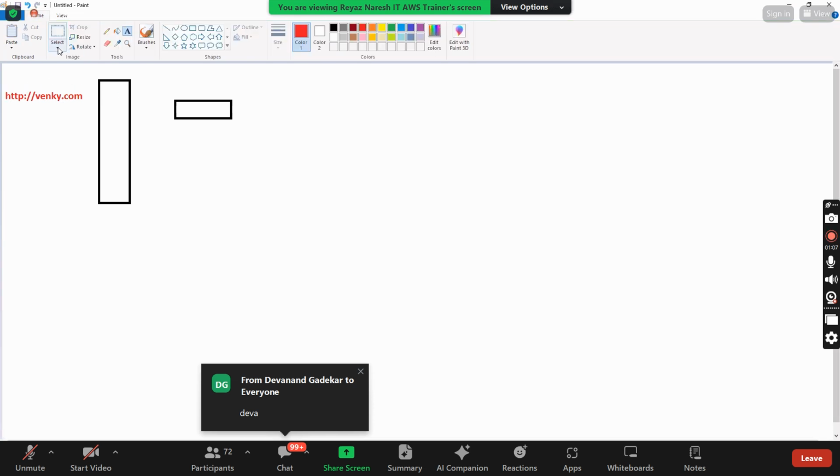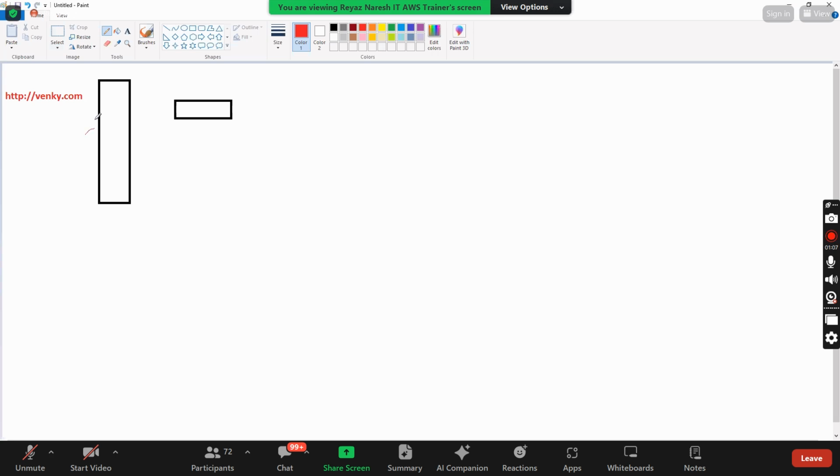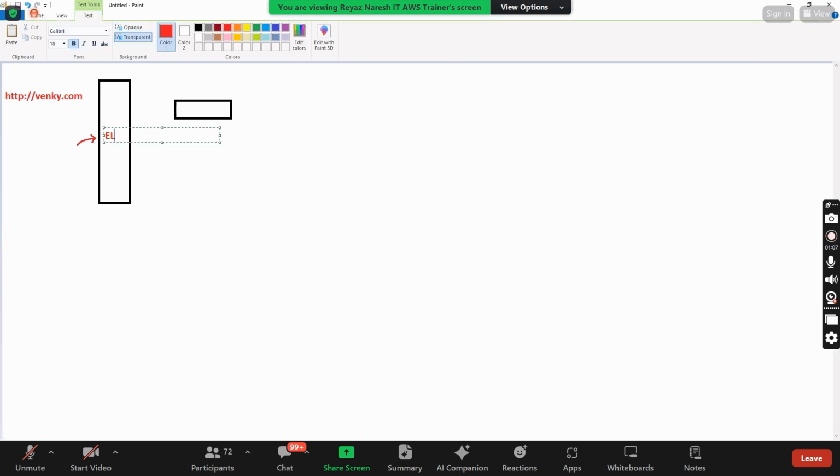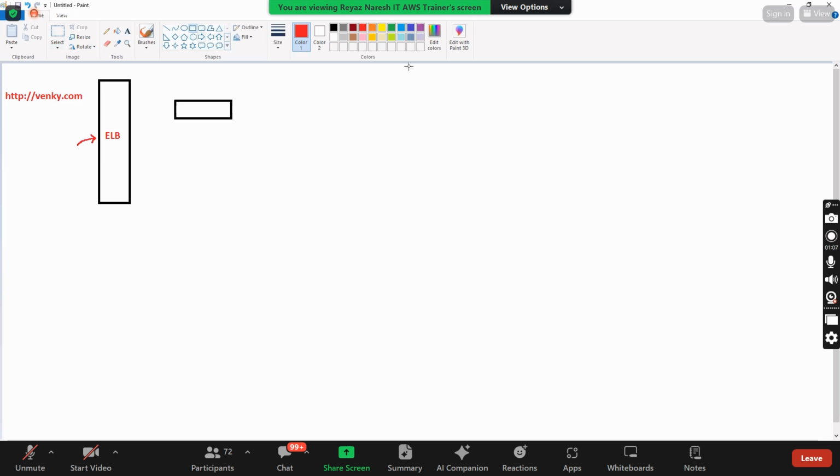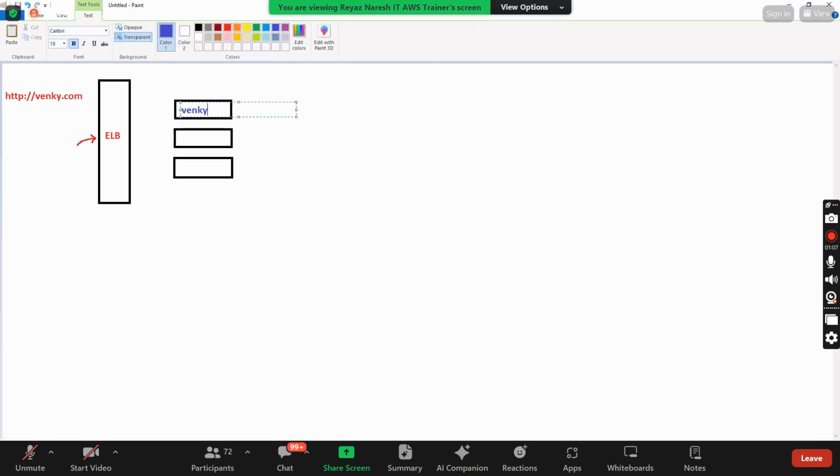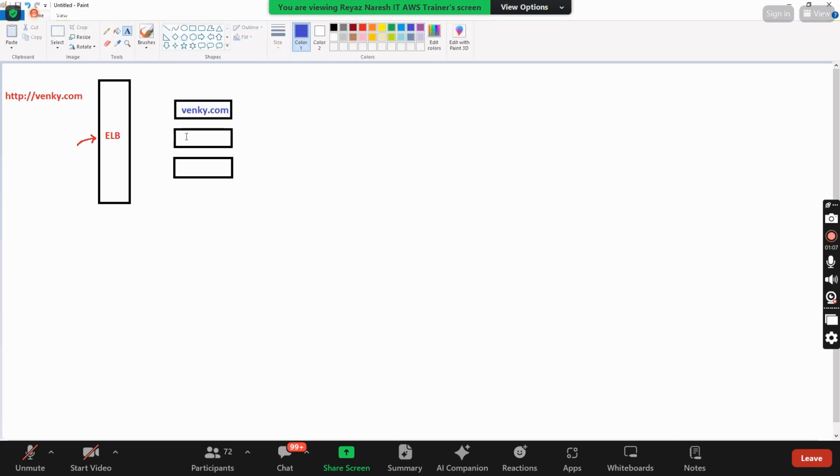So whenever you hit venki.com, where does it go first? It goes to the load balancer, the ELB, and we have an EC2 instance. This EC2 instance should have the venki.com application.